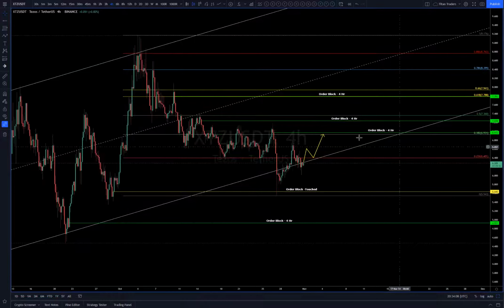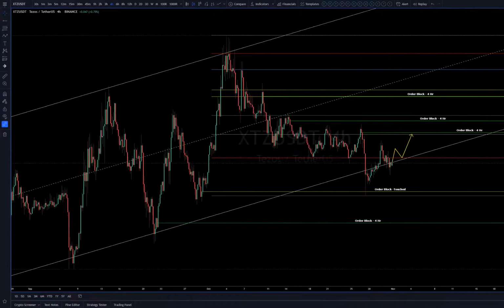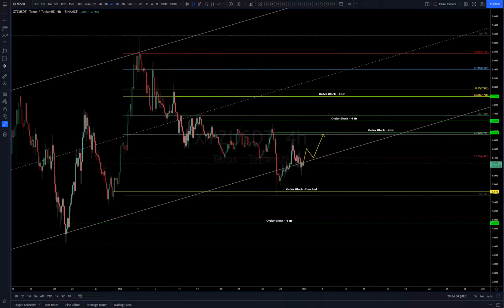So first, you've got a 4-hour block level at the 3-year 2. If we fill that and we don't break through it, then I expect a retrace down. If we do come down and push back up, the bigger block and the bigger target will be this local 618. I haven't checked out all the blocks in this particular area yet, but that's what I would be looking at for Tezos. And that's basically it in regards to the coins.